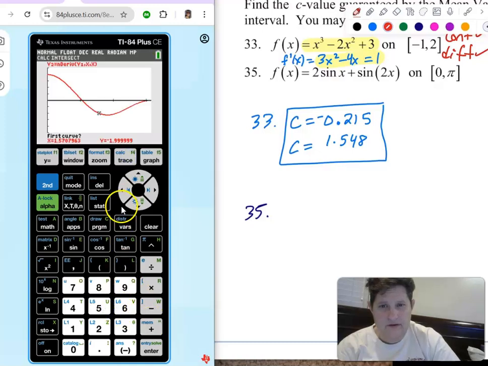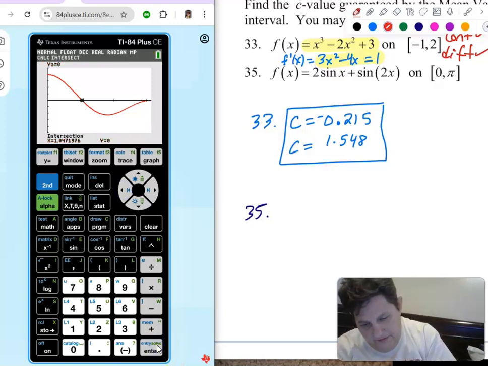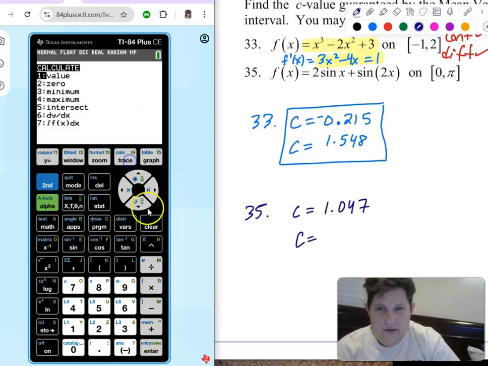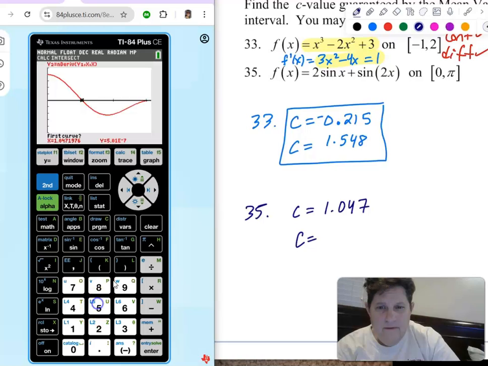Okay, so let's go ahead and find the intersect. Go over here. Let's hit 1, 2, 3. So my first point is 1.7. And let me see if there's another one. Like there's one right there. Get close, hit enter 3 times.